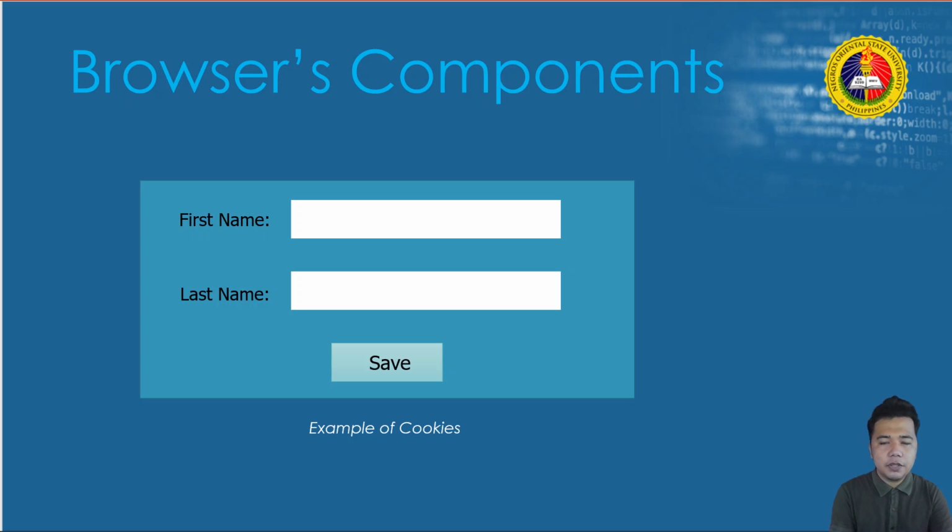Now, if you're going to fill out the form again the next time on the same browser and the same computer, whenever you click on the input box where you had a previous entry, let's say first name, the previous entry will display as a suggestion.